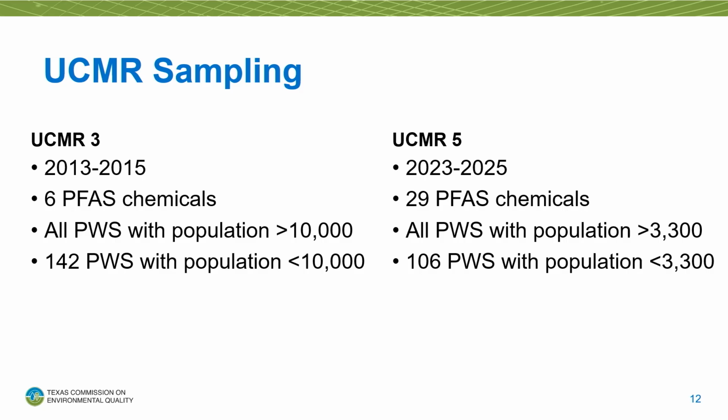For UCMR 5, that started in 2023, and it's continuing to end this year, 2025. That one, 29 PFAS chemicals were selected. For the criteria, all public water systems with a population greater than 3,300 were selected, and then in Texas they selected 106 smaller water systems with a population less than 3,300 to participate.